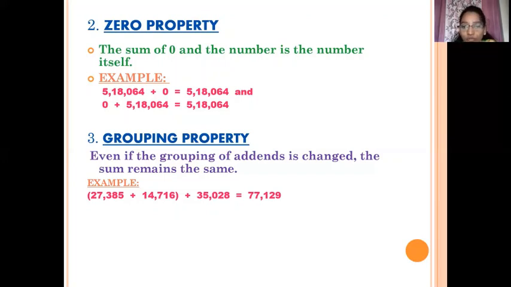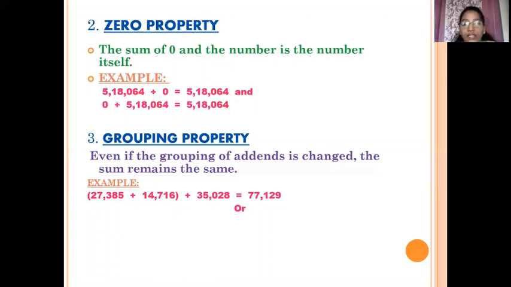35,028. So when I add all these, like first I would like to add 27,385 and 14,716. So when I add them and to their sum, when I add 35,028, I get 77,129. Now I'll try to regroup them.